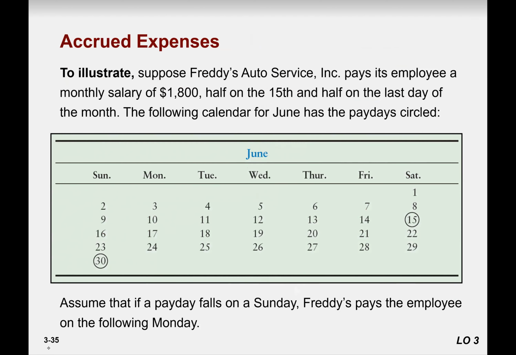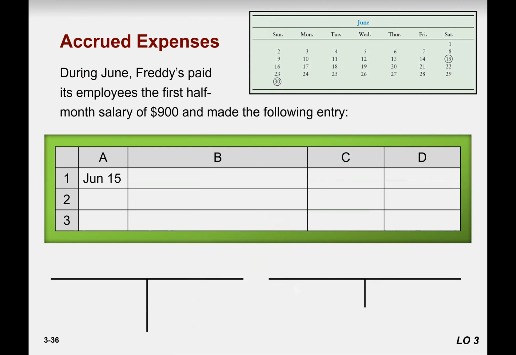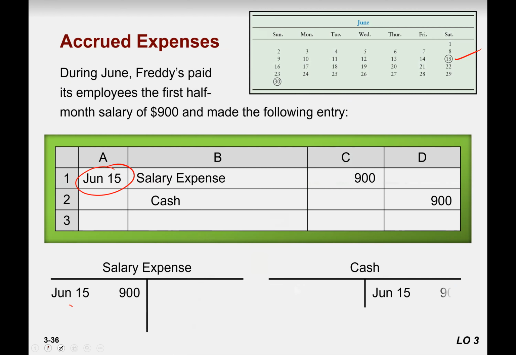Here we go. So what are the entries? During June, Freddy's paid its employees the first half of the month's salary. So what will be the June 15 entry? The entry is going to be salary expense to cash, right?